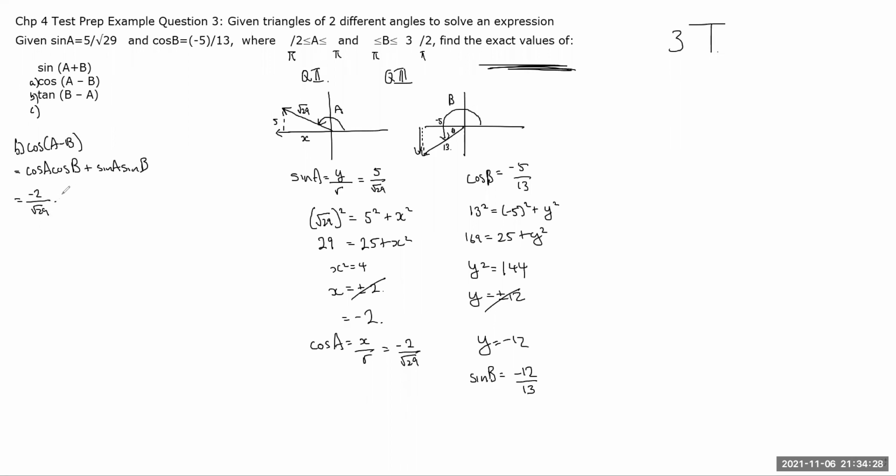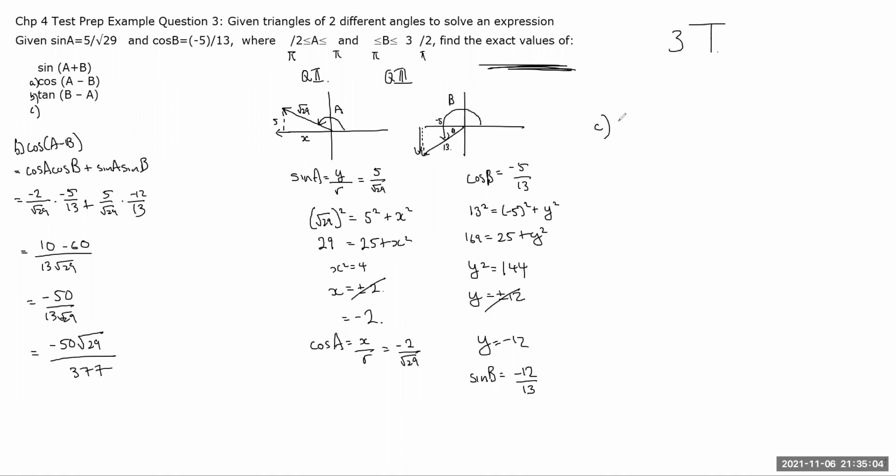Cos B is negative 5 over 13, plus sine A is 5 over root 29 times sine B is negative 12 over 13. This becomes 10 minus 60 over 13 root 29, or negative 50 over 13 root 29. Let's rationalize. This becomes negative 50 root 29 over 377. That should be the final answer for part B.